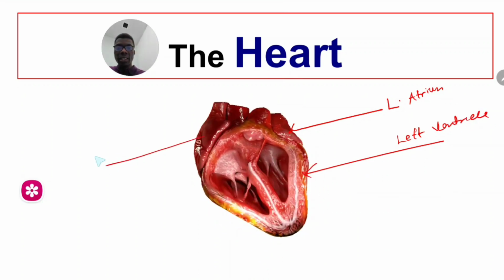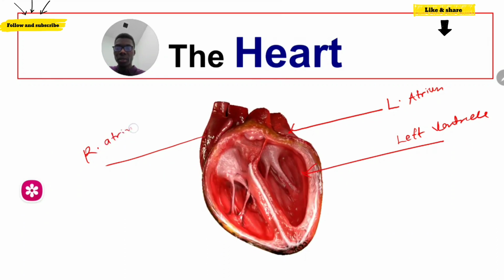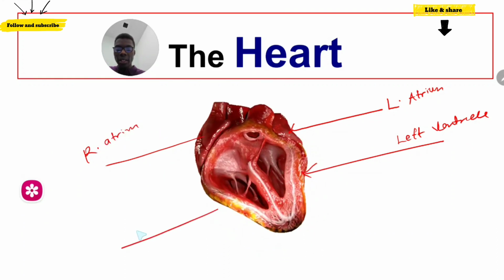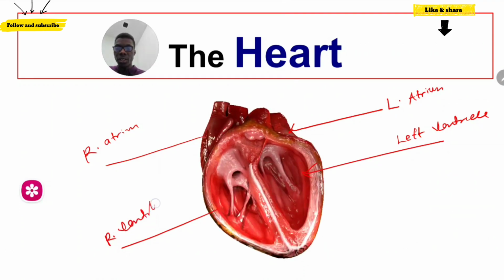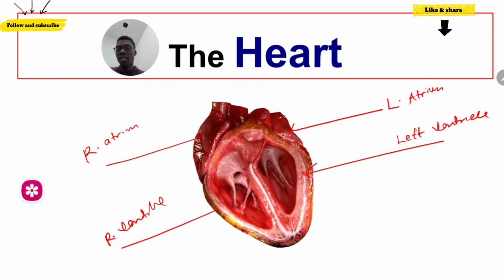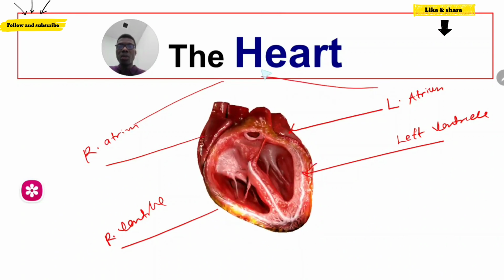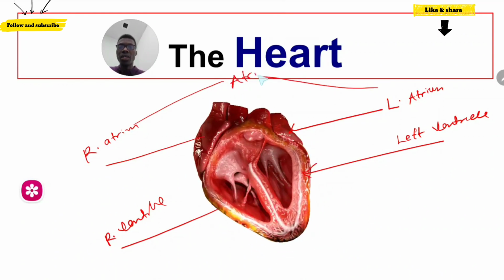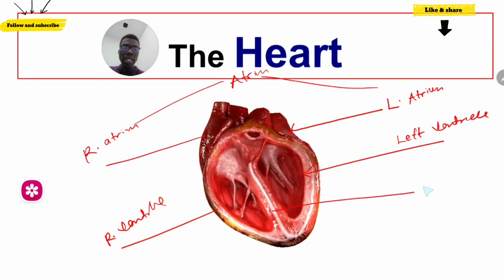Then it has the right atrium and the right ventricle. All right. Now, that means we have four parts or four chambers in the heart. So these two, if you want to call them that, we call atria. That's the plural of atrium. Now, this middle part is called the septum.